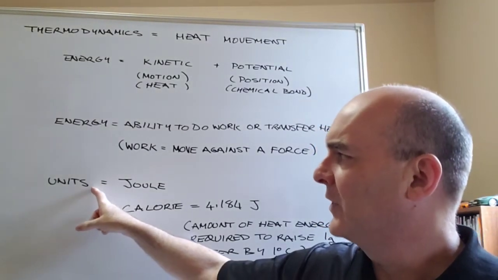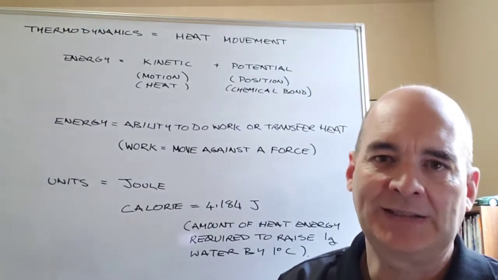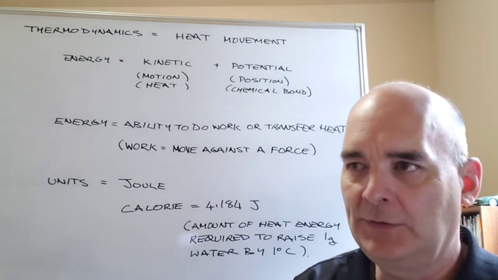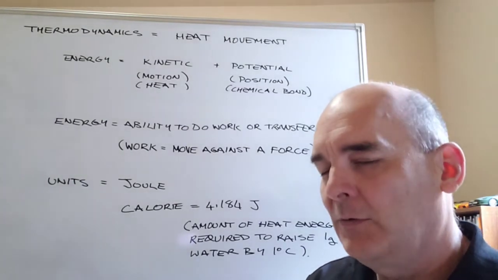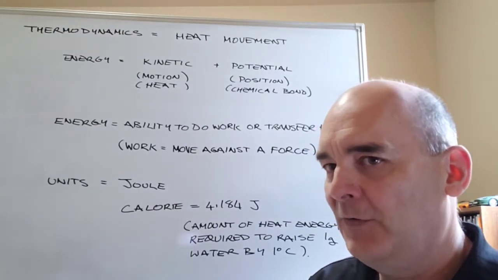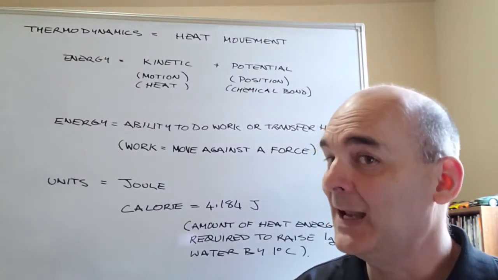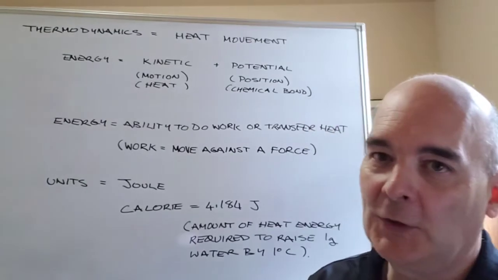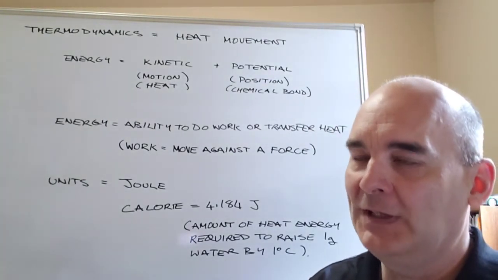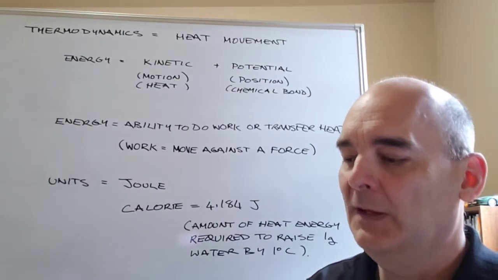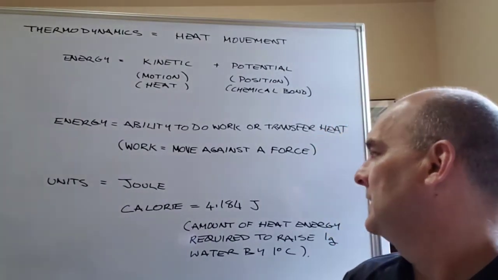Energy is going to be measured in joules. Joules are our SI, Standard Institute unit for energy. But there is another very, very useful unit of energy out there, and that is the calorie. Now, we don't technically use the calorie that much, although it is in widespread general public use. It is a wonderful little definition.